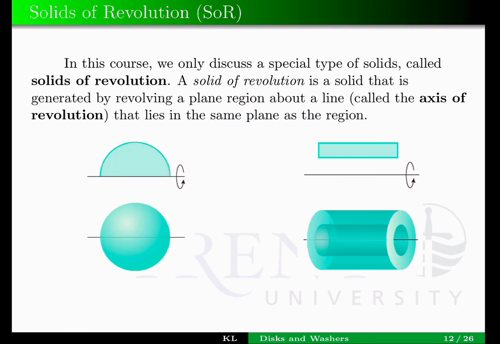Now, suppose we consider this rectangle here, but our axis of revolution is not on your rectangle. Once we have revolved this, these points that are on the rectangle will create the solid, and the space here will not create anything.